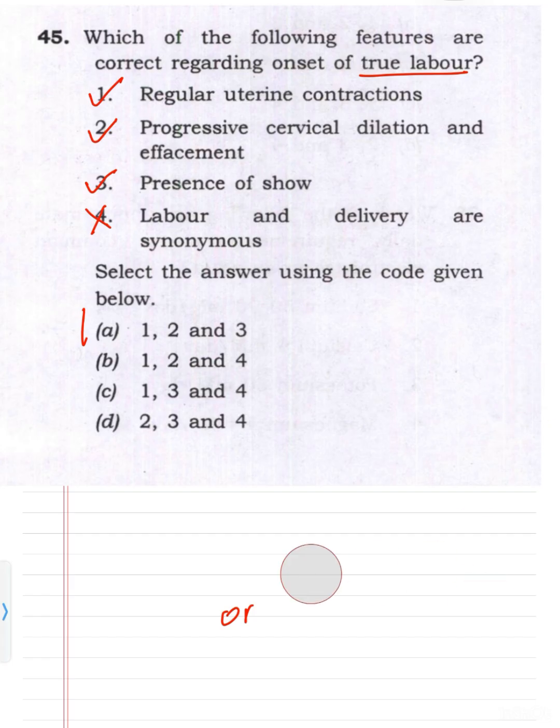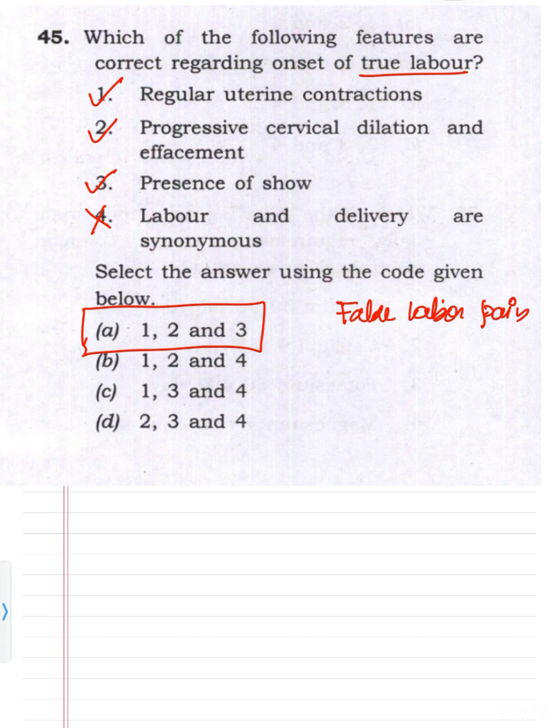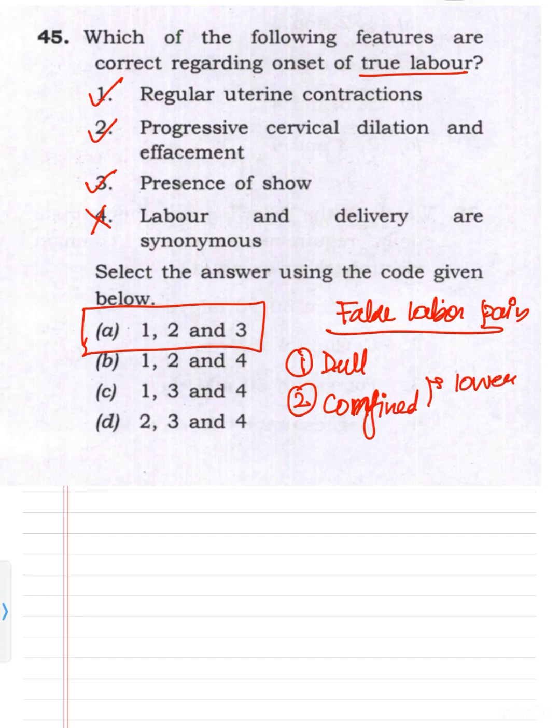Now other than that, they can ask about the false labor as well. So false labor pain is dull in nature. Second, it is confined only to lower abdomen and groin.